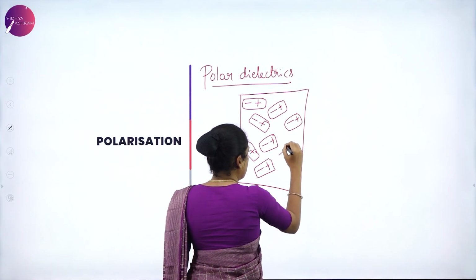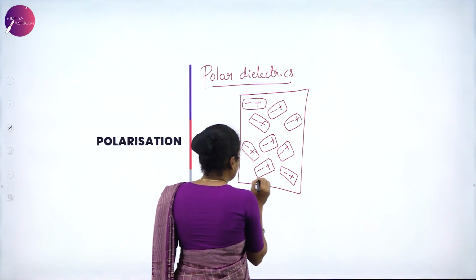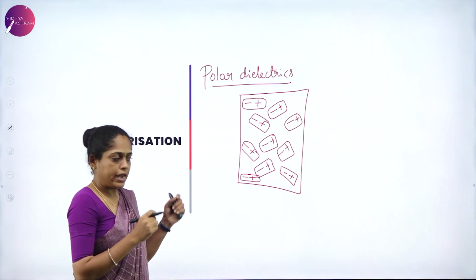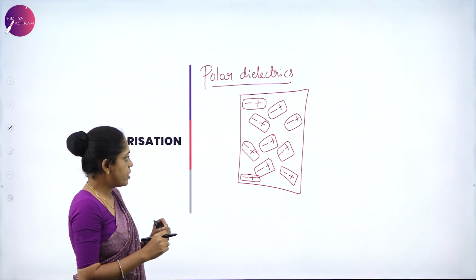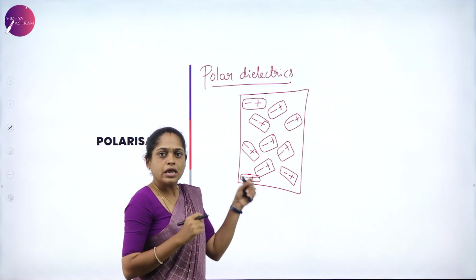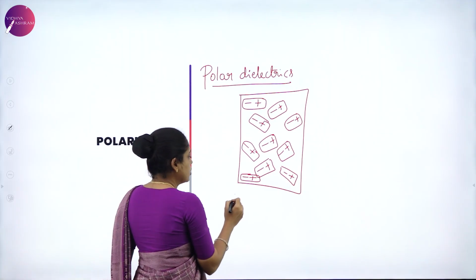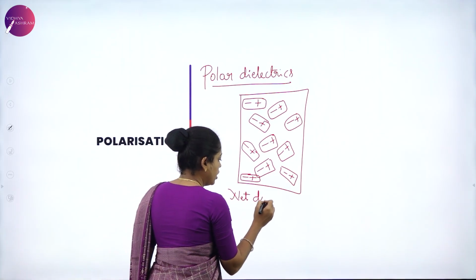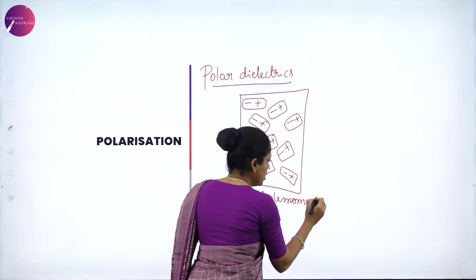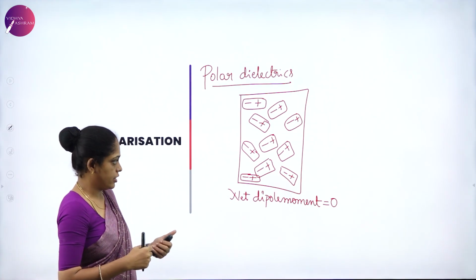Therefore, polar molecules possess dipole moment. This is a rectangular slab of polar dielectric in which you can observe the dipoles are in different directions. As they are in different directions, the net dipole moment is equal to 0 before applying the external electric field.